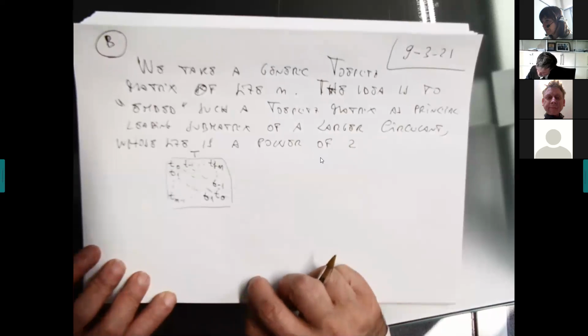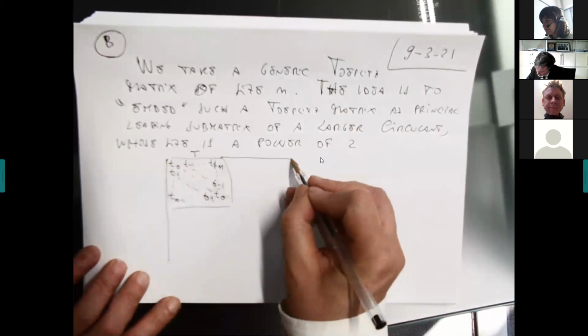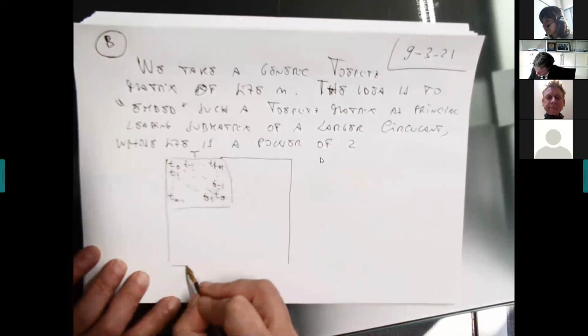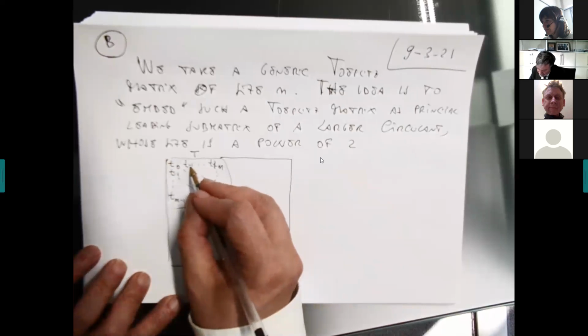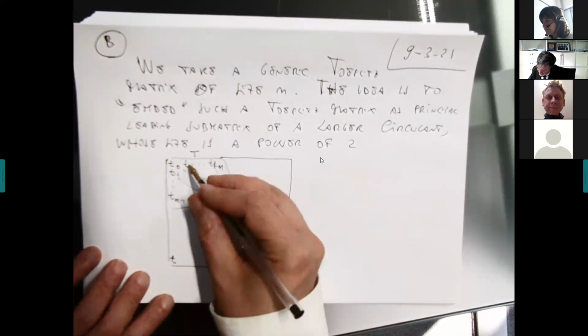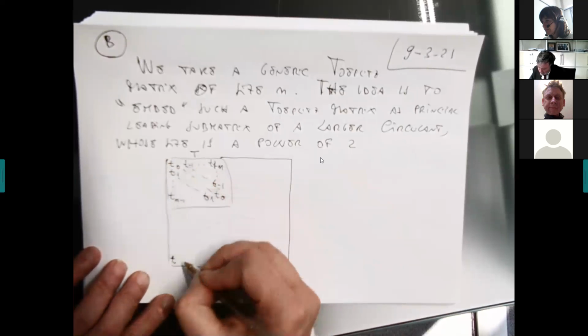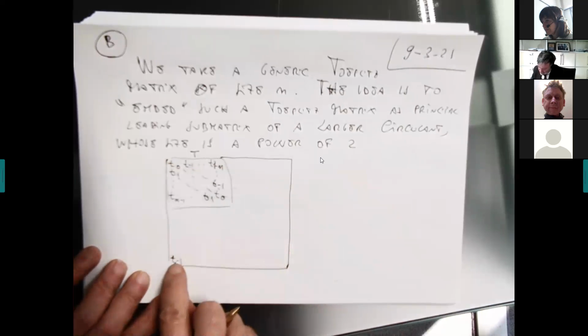Then in order to embed this in a larger circulant, we need that if here there is a t(-1), then since the second column is a shift of the first, here you should find t(-1).